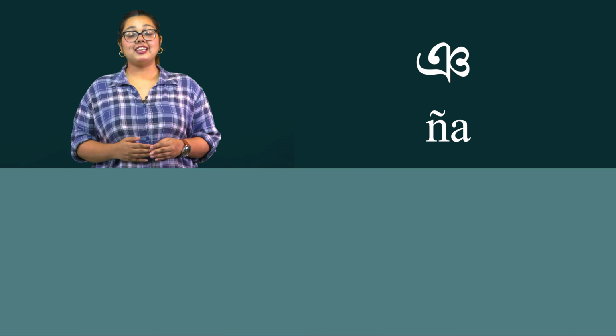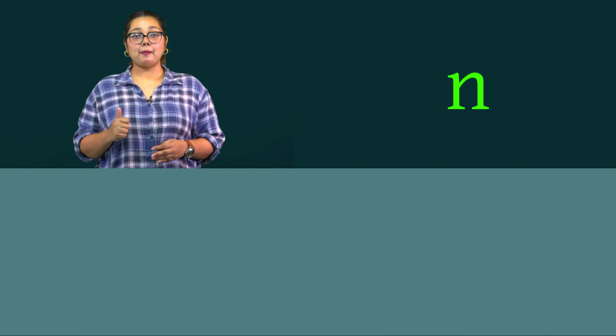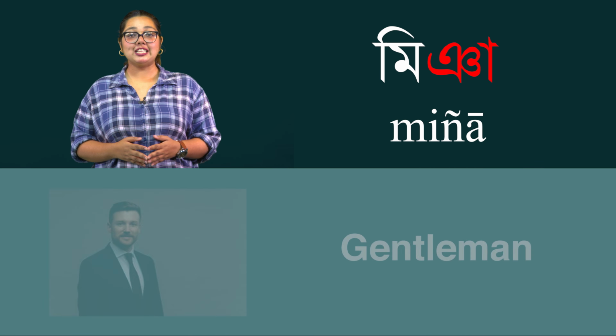The next letter is Nyo. It is pronounced similar to Nyo in the English word bank. There is no matra above the letter. It has no corresponding diacritic marker. It occurs only at the final position of a word, as in Mia, which means gentleman.